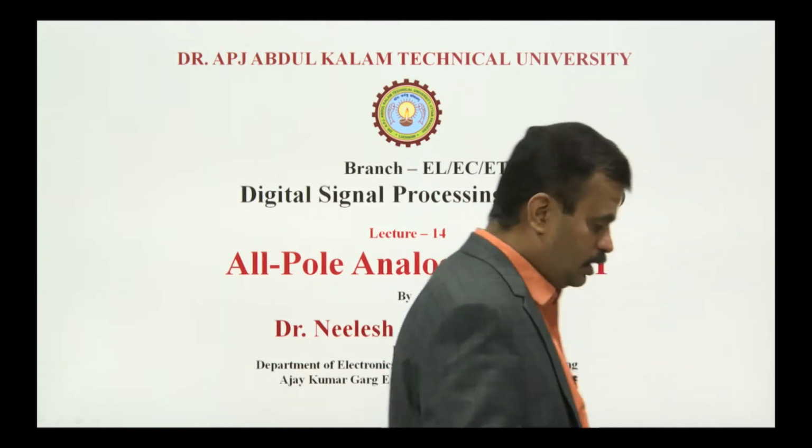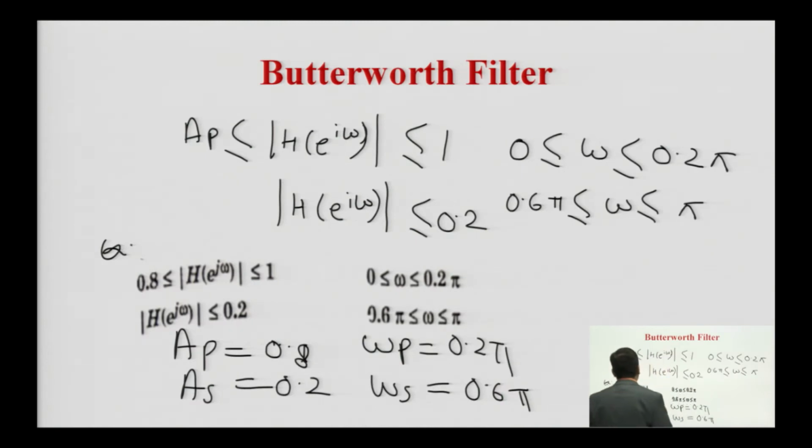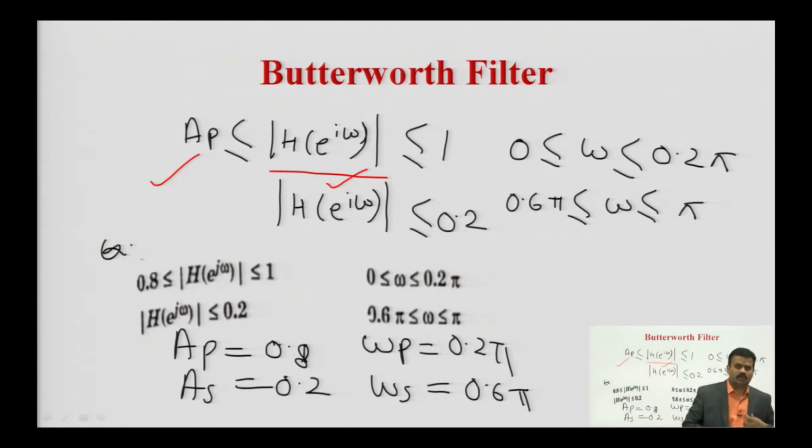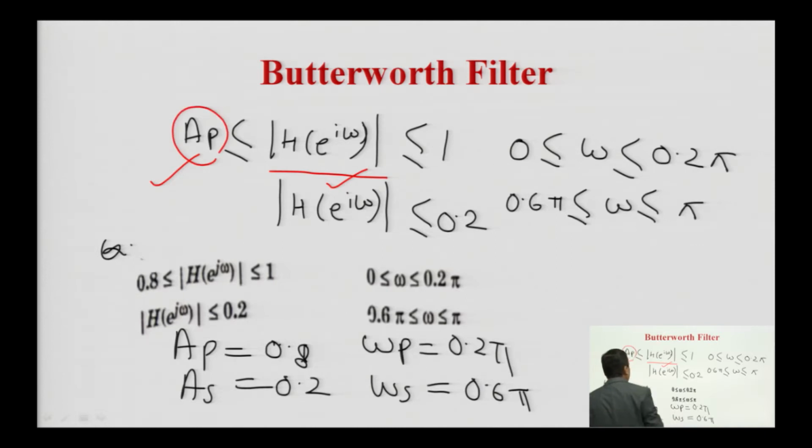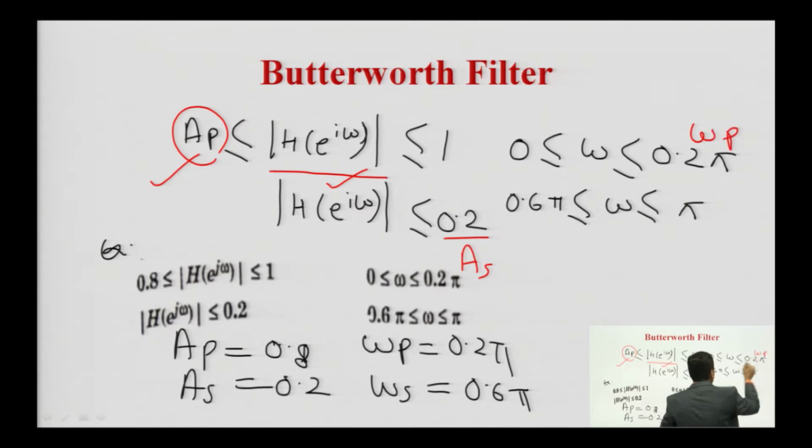In numericals, sometimes the gain is given in a generalized form. It means the magnitude of your transfer function H(e^jω) is given, and its value is bounded by the attenuation in the pass band, AP, and the attenuation in the stop band, AS, with the pass band frequency omega p and stop band frequency omega s.